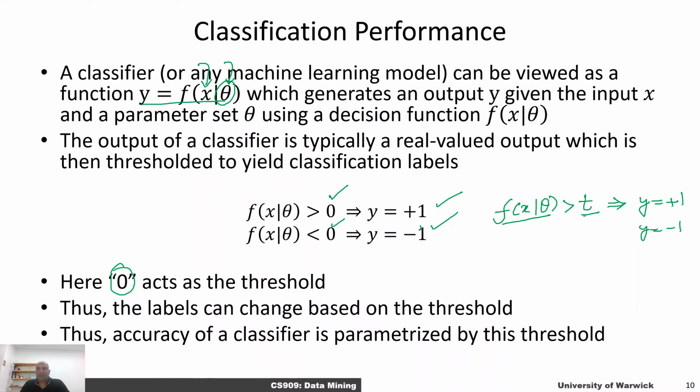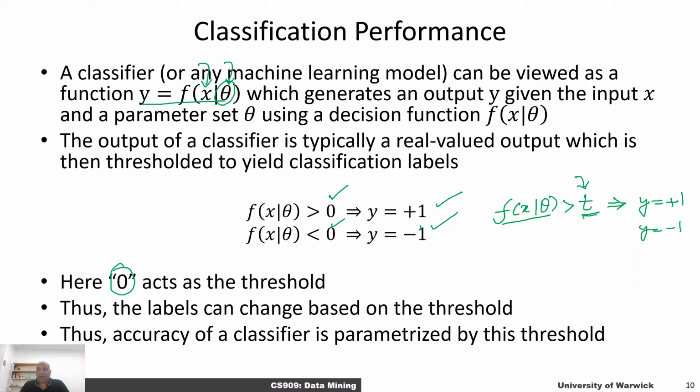If I increase this threshold from 0, can you guess what the impact is going to be? Is the number of true positives going to increase? Is the number of true positives going to decrease? I really want you to understand the impact of this particular threshold value.